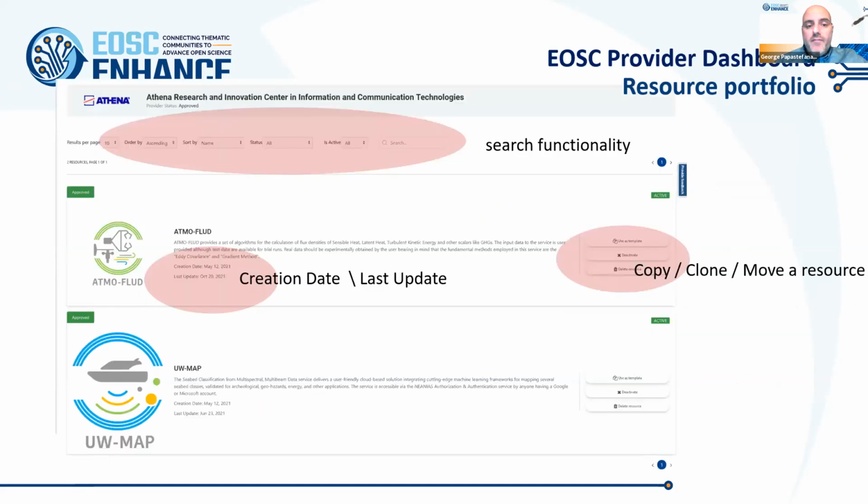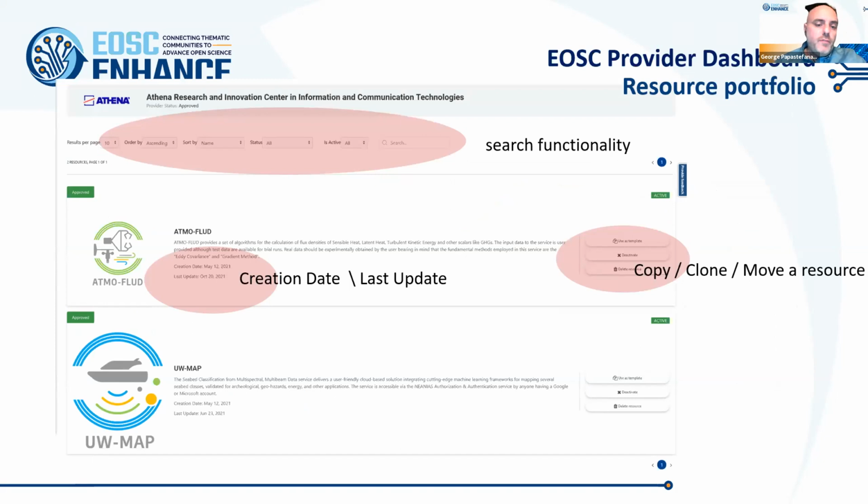Also, you have actions that you can perform on your resources, mainly to copy, to clone, or move a resource from your organization to another one, or to copy information to another resource.